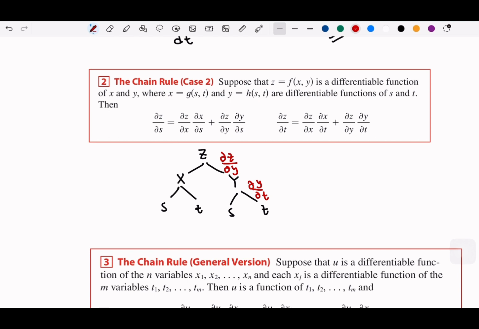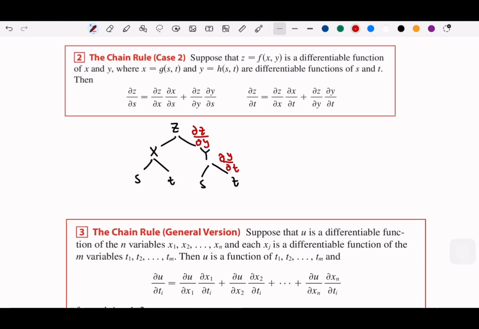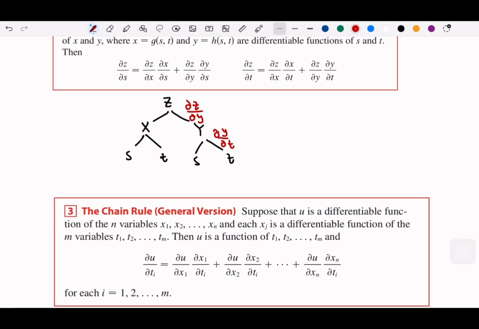It can be 2, 3, 4, 5, 6 variables or more, as long as you know how to draw the tree diagram. So we can have a general version which we can develop from x1, x2 until some xn.